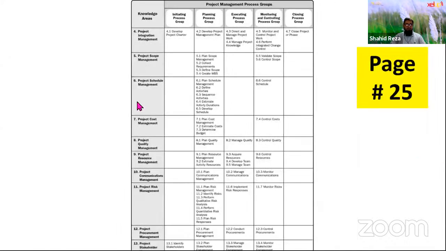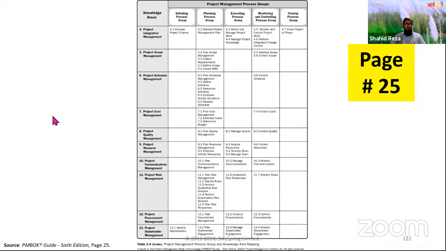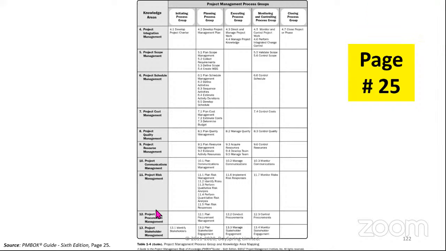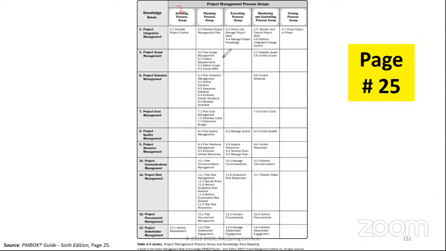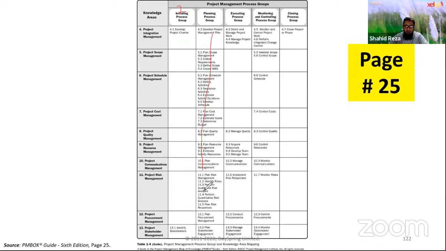Let me make it smaller. In the initiating process group, how many processes are there? If we add up, two. So I am writing this 2. In the planning process group, how many? If you add vertically, you will get 24.